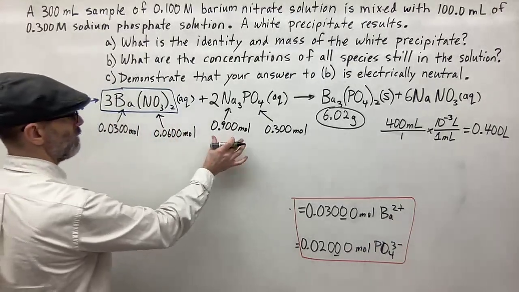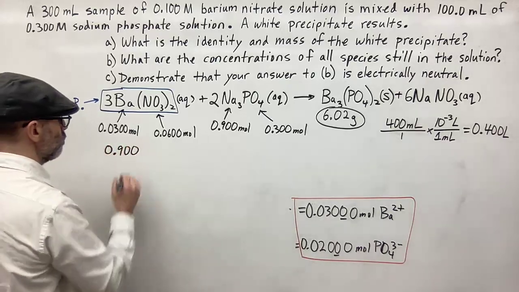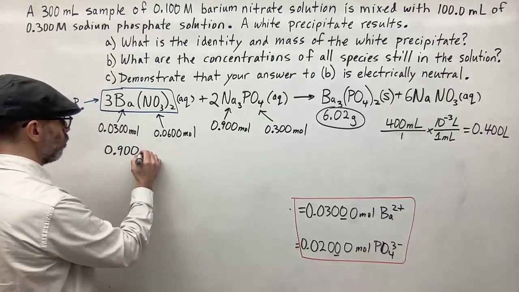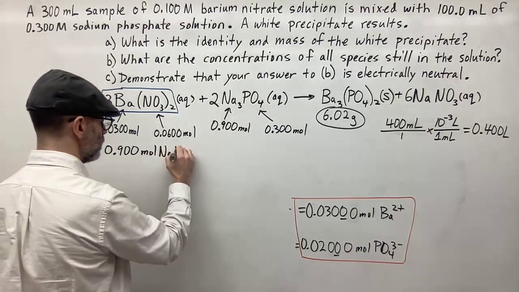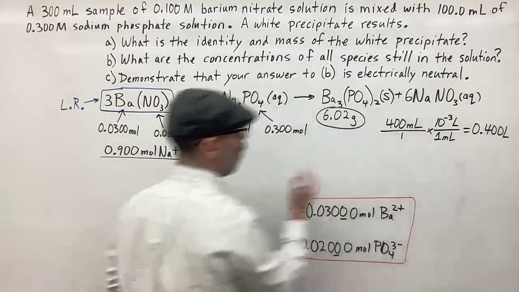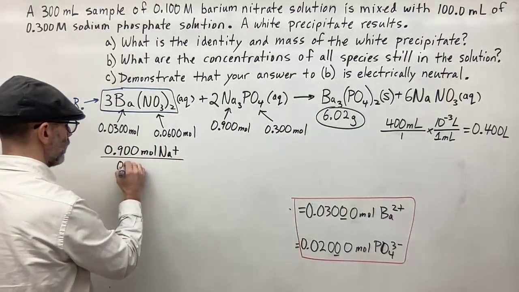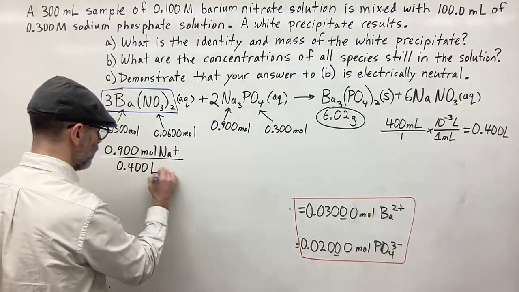Okay, so we have 0.900 moles of the sodium, Na plus, and we're going to divide that by the total volume, 0.400 liters.